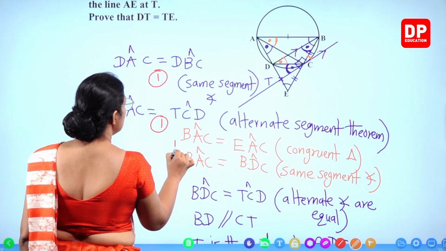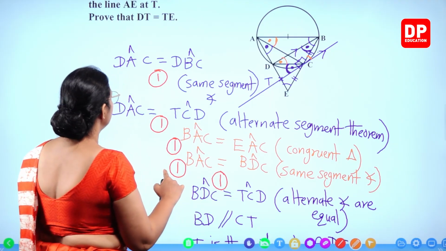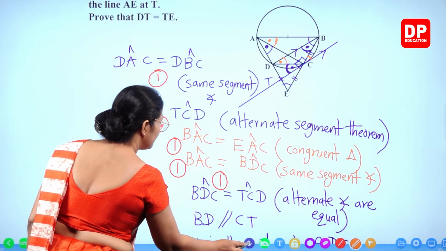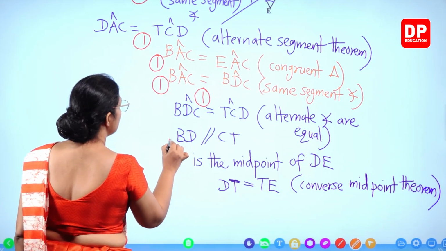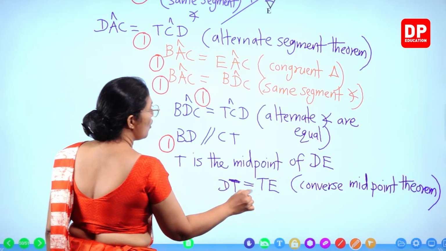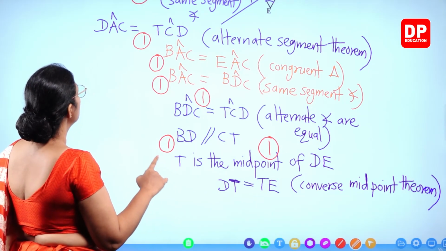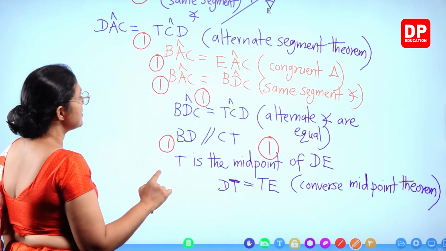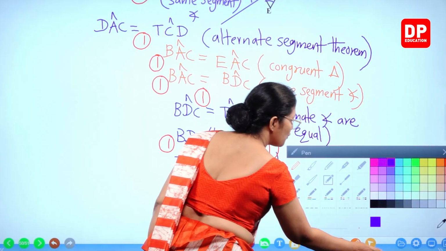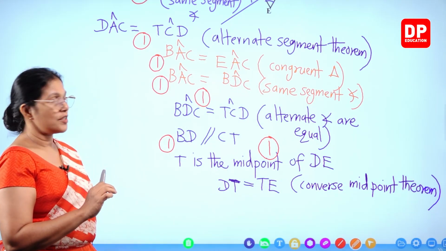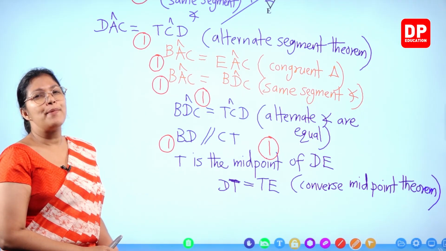Then here each one 1 mark. And here parallel, and according to the converse midpoint theorem, this is equal. So 1, 2, 3, 4, 5, 6, 7 marks for the last part, because we have given 3 marks for the previous question. So we completed all 12 questions in paper 2.